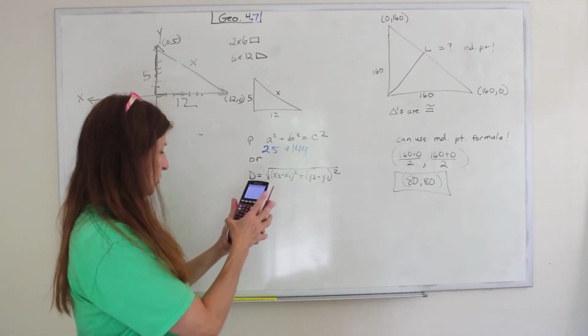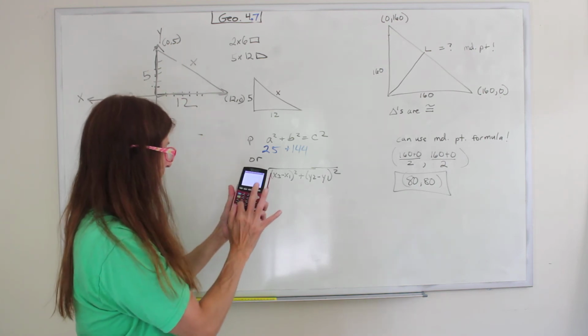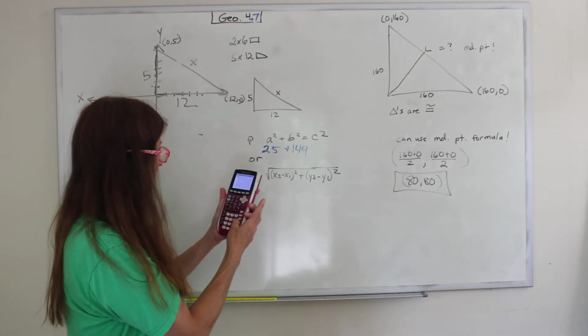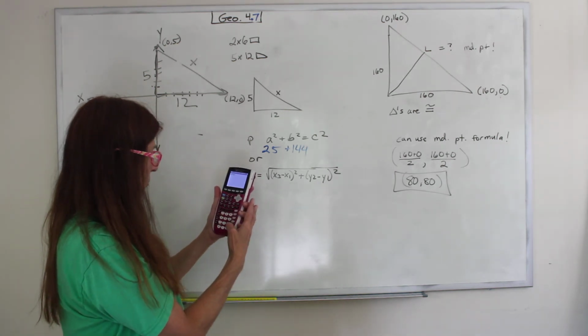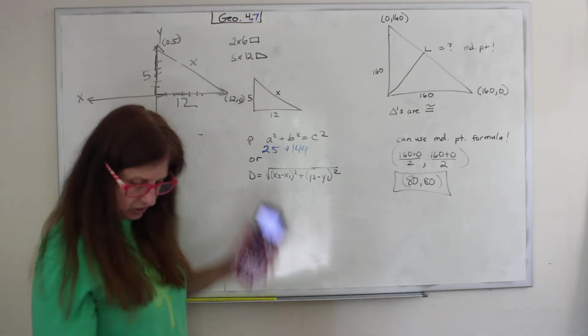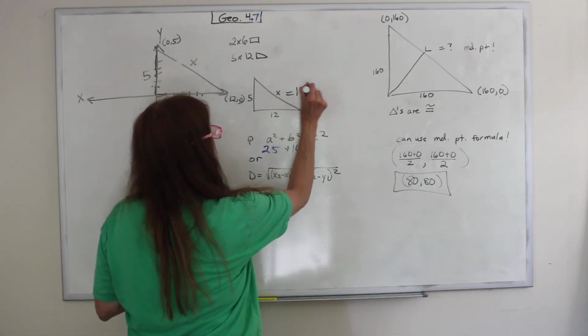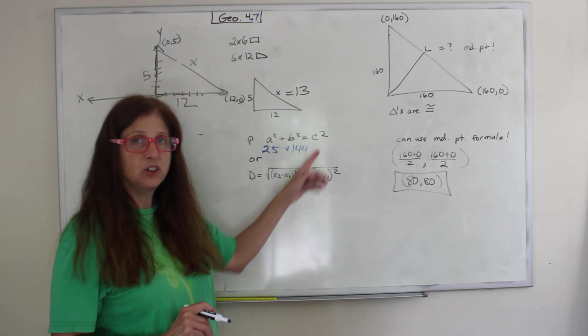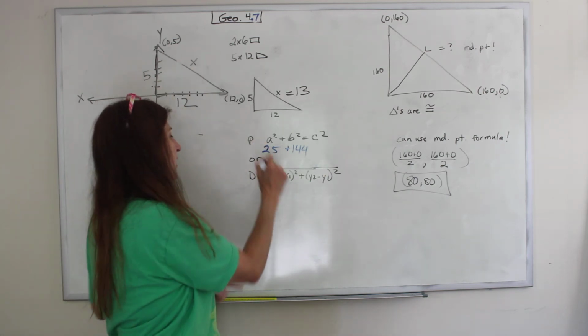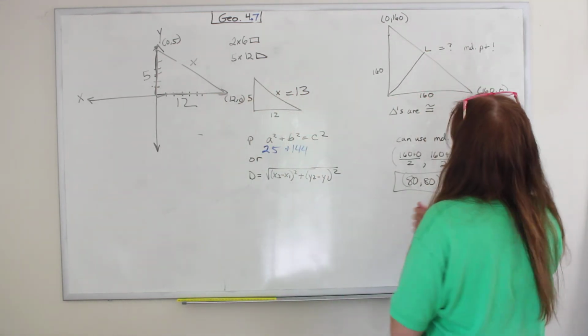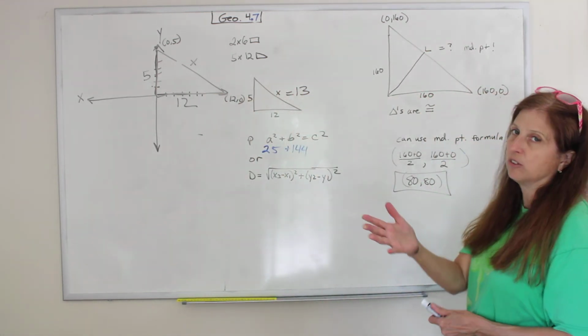So you do the square root, second x squared, of 25 plus 144, which is 13. So we know our side right here, x equals 13. Make sure you can get the answer both with the Pythagorean Theorem and with the distance formula. Practice those.